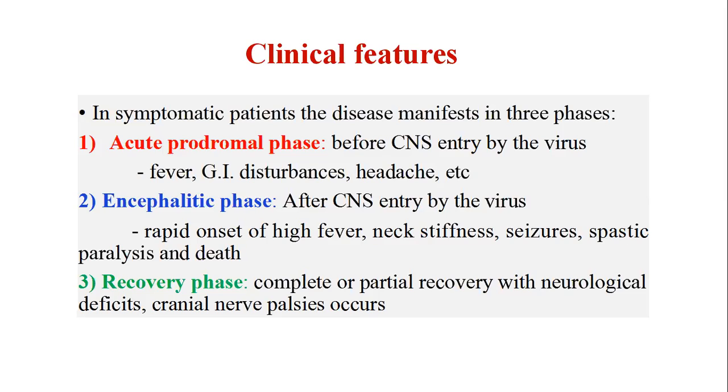So clinical features. In symptomatic patients, the disease manifests in 3 different phases. One is the acute prodromal phase. Before central nervous system entry by the virus, there may be fever, gastrointestinal disturbances, headache, etc. In the acute encephalitic phase, after CNS entry by the virus, there is rapid onset of high fever, neck stiffness, then seizure, spastic paralysis, and eventually death may happen.